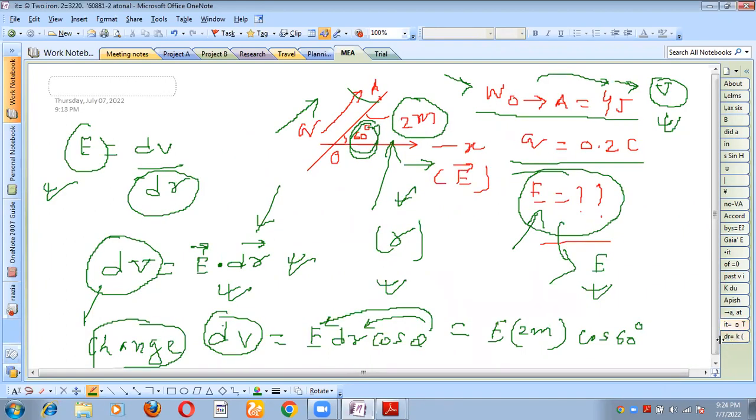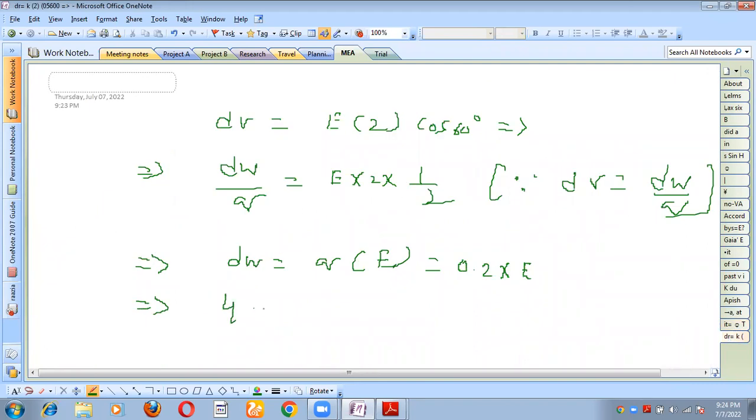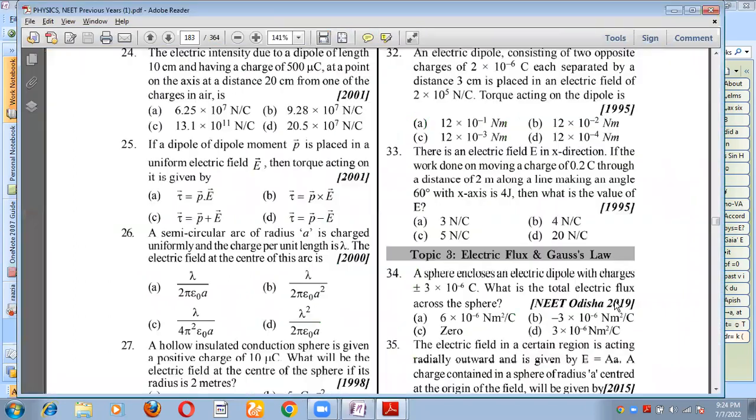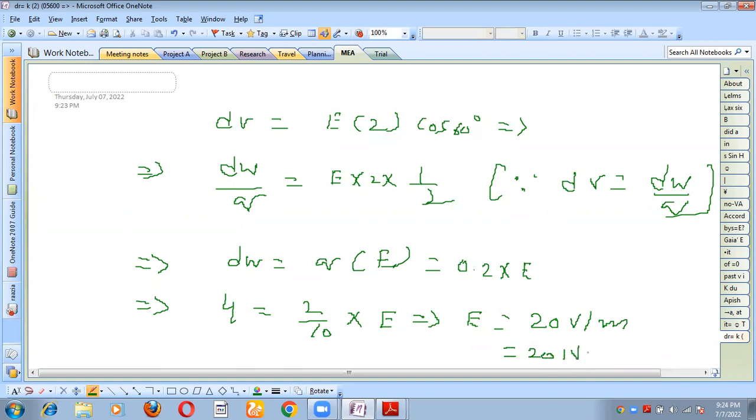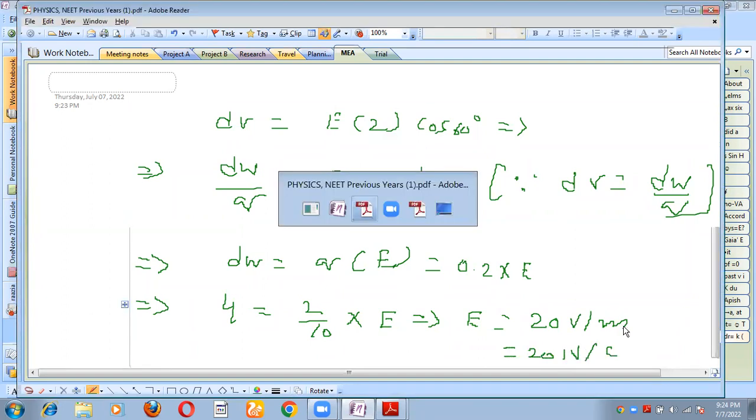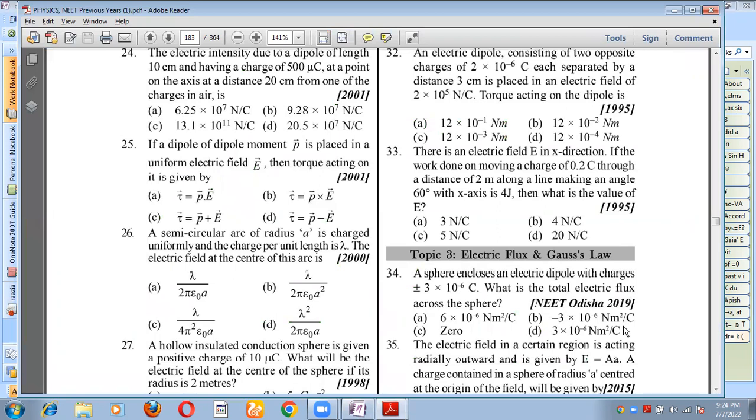So I will write 4 equal to 2 upon 10 into E. So from here we will get the electric field as 20 volt per meter or Newton per coulomb. You can also write Newton per coulomb, same unit, volt per meter or 20 Newton per coulomb. So if you see here, the correct answer is D, 20 Newton per coulomb.